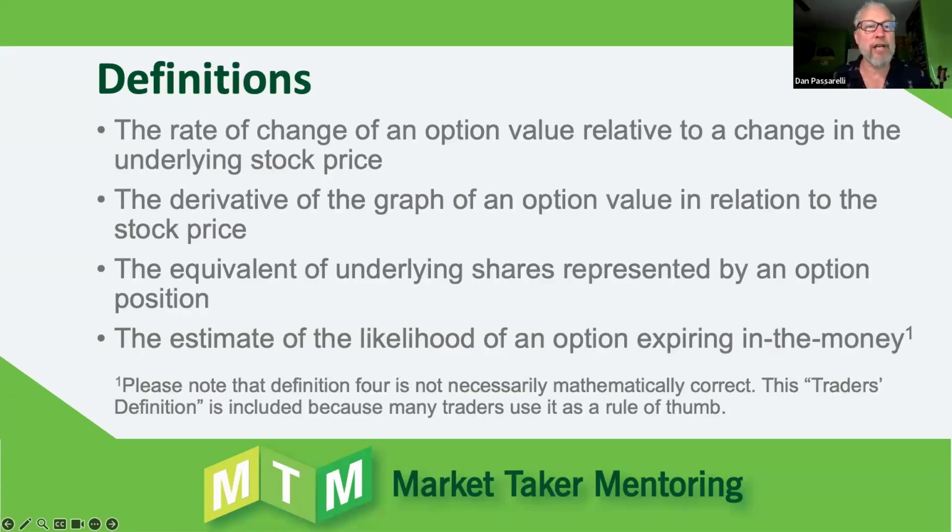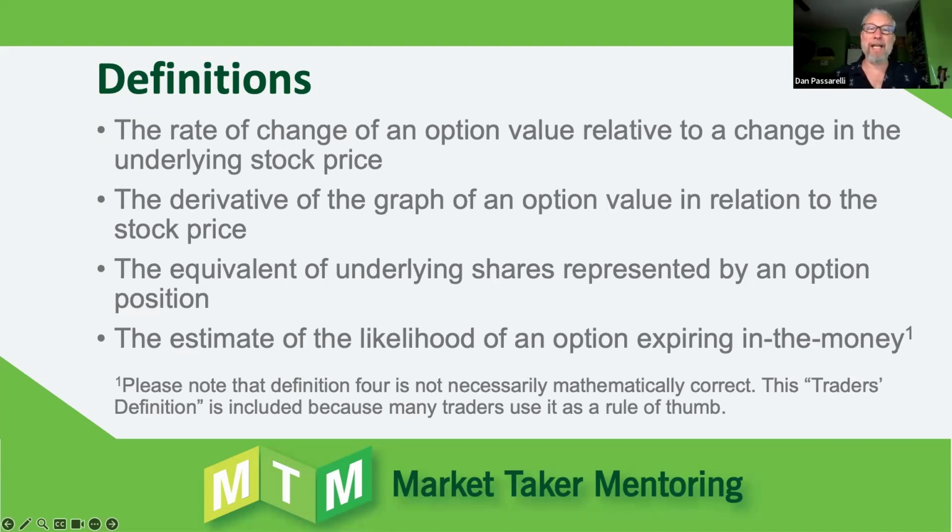Delta is the rate of change of an option value relative to a change in the underlying stock price. And I could be talking about an ETF, or even a bond or a future or something like that. And it's stated in terms of a percent, really, if you think about it.